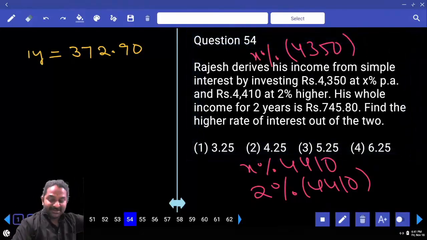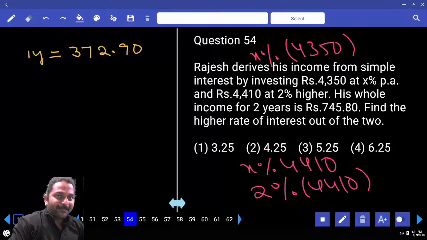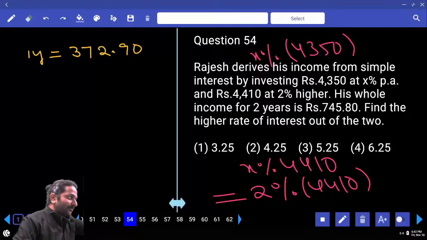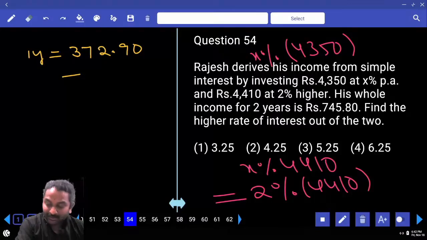Interest on second scheme is bottom one, X% of 4410, 2% of 4410, correct? When you add everything, that is equal to 372.90 only. So I can directly calculate 2% of some number and subtract it from 1 year interest, because I can calculate that. Are you getting? What is 2% of 4410?